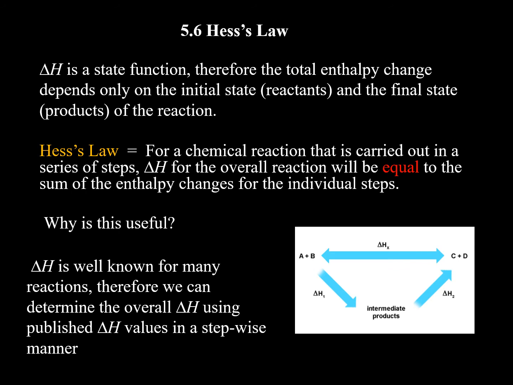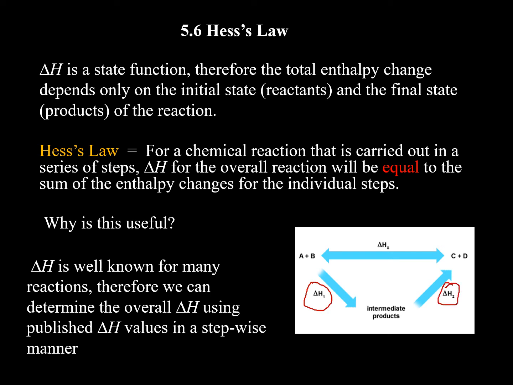So here we start a new topic of Hess's law. Recall that enthalpy is a state function, so therefore we're only concerned about the beginning conditions and the end conditions. Hess's law is a way where we carry it out in step-by-step reactions. We can calculate the delta H for each step of the reaction, so how we get the intermediates, which leads to the product.